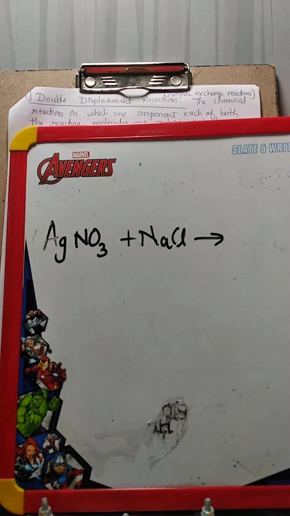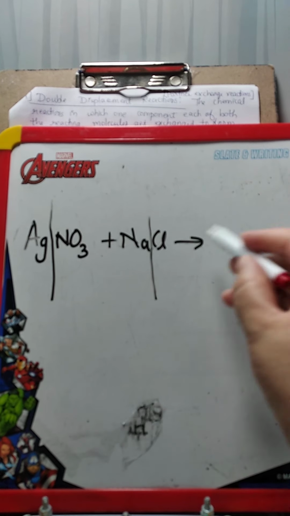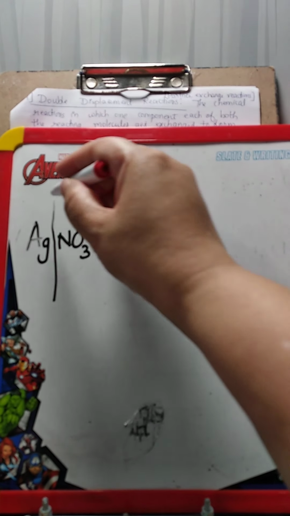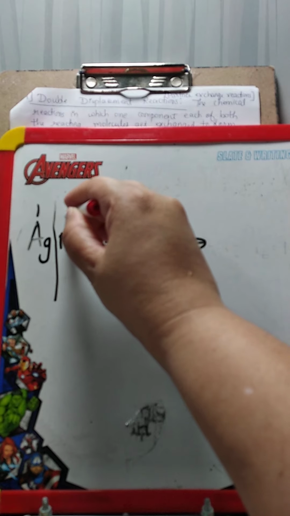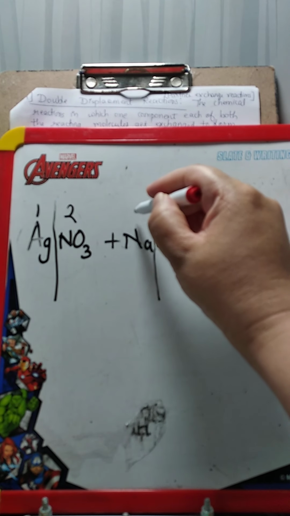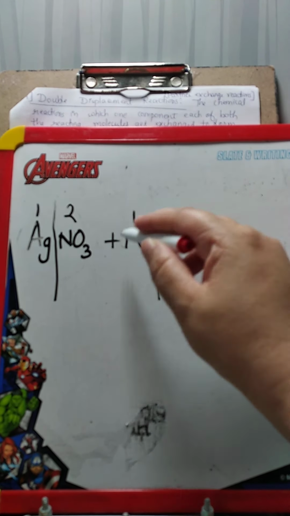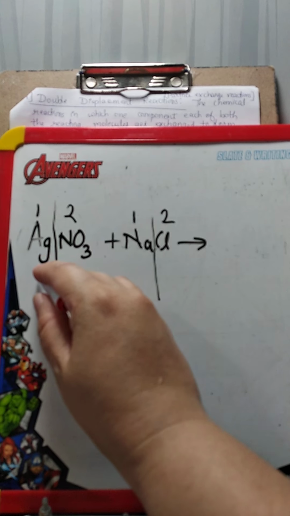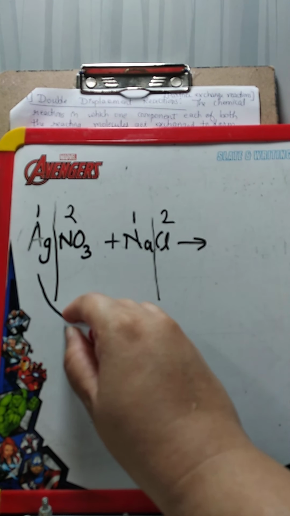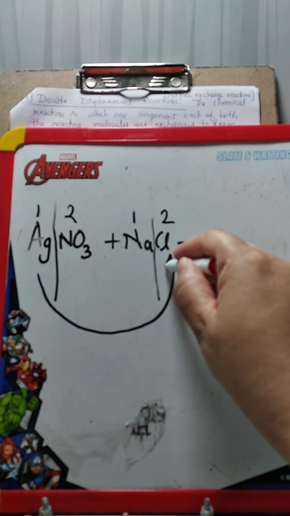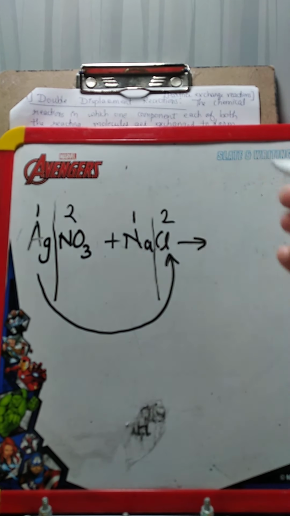NaCl: this is the cation and this is the anion for this reactant. So this is the first part and second part for this reactant, and first part and second part for this reactant. In double displacement reaction, what happens? The first part of the reactant combines with the second part of the second reactant.